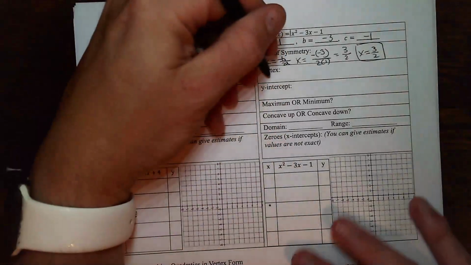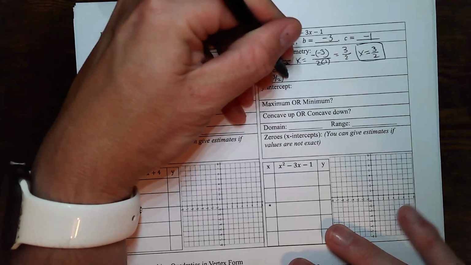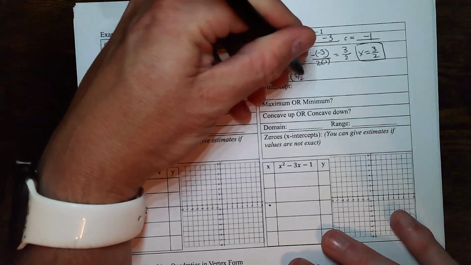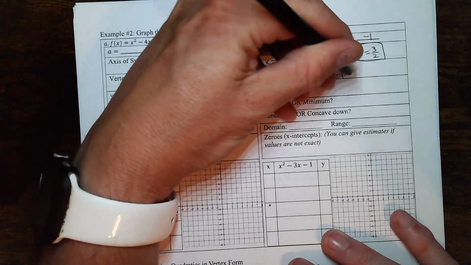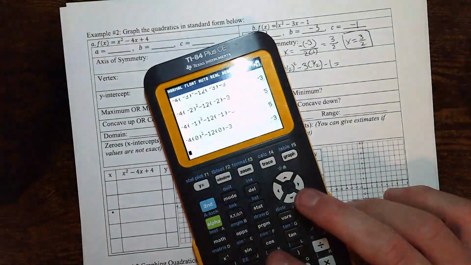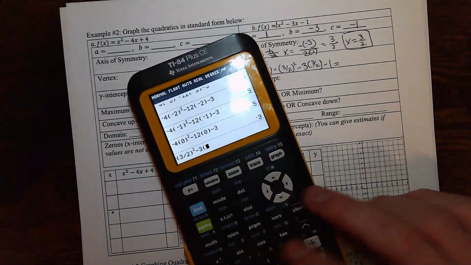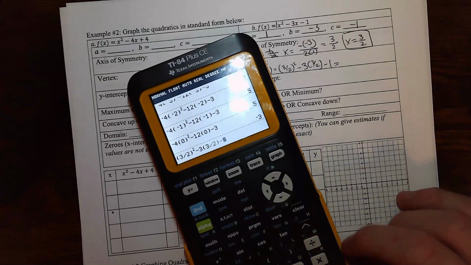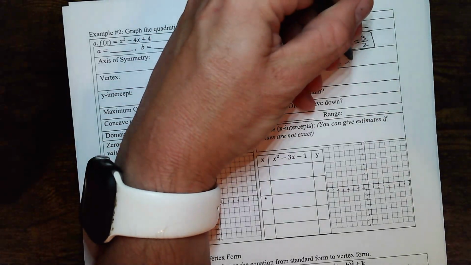Now, to find my vertex, I'm going to plug in this value from the axis of symmetry into my function. So 3 halves squared minus 3 times 3 halves minus 1. And I get negative 3.25.